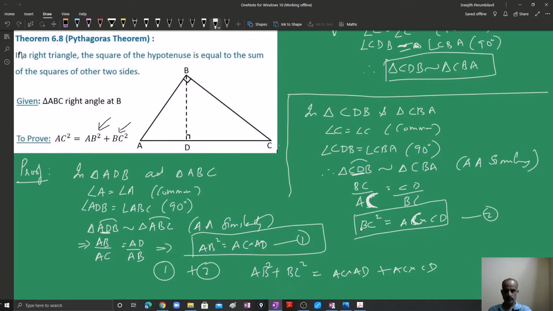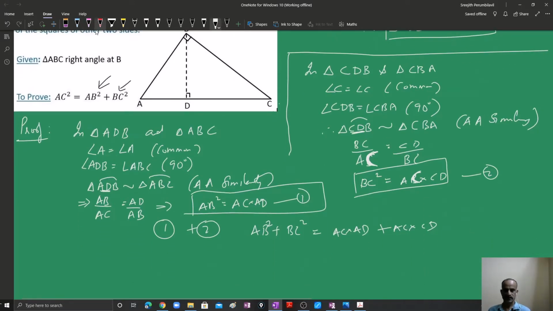These two RHS are written here. This is equal to AC, which is common, into AD plus CD. What is AD plus DC?